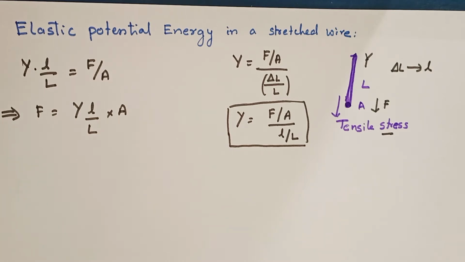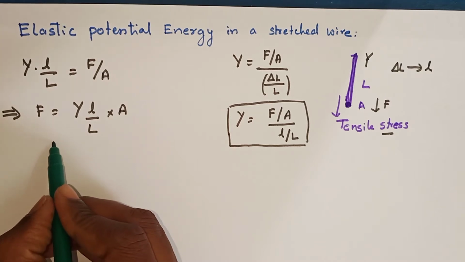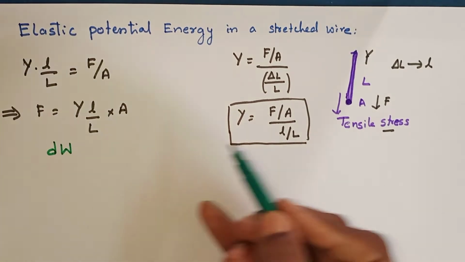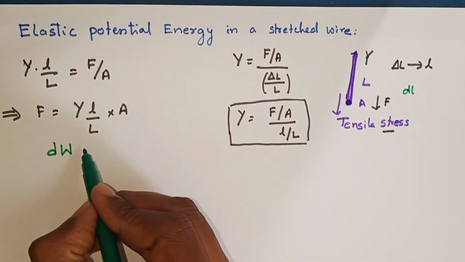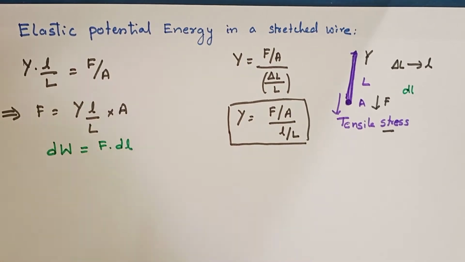And further increasing, let us say work. If you want to do work, it is in the form of energy which is stored. If you choose dW as the work for the infinitesimal length dl, this is generally called F into dl. dW is equal to F into dl, right?